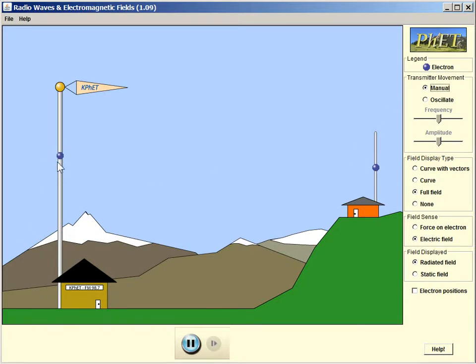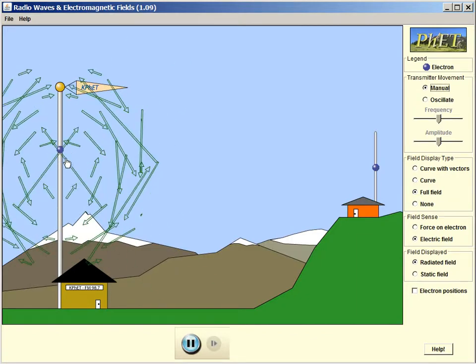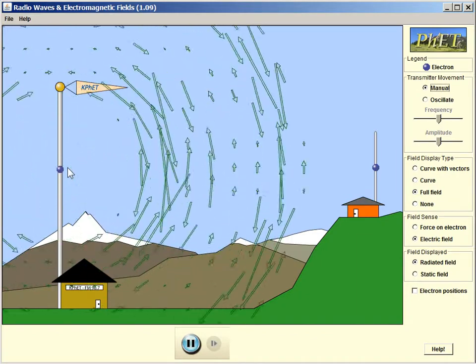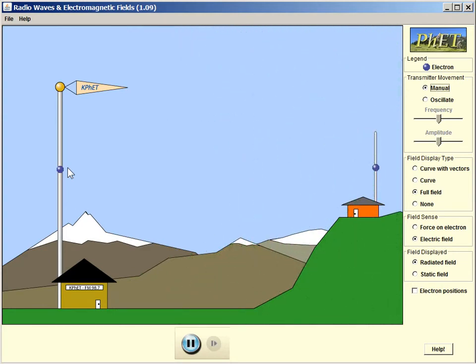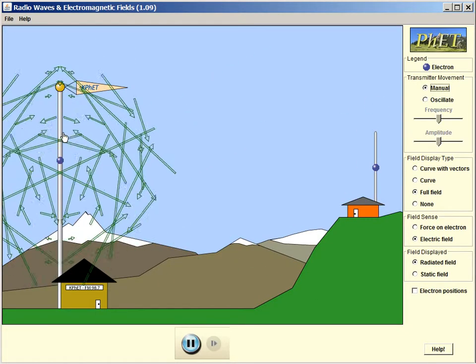Whatever signal is sent over here, the exact same one is picked up over there. And again, this is what field? Electric field.